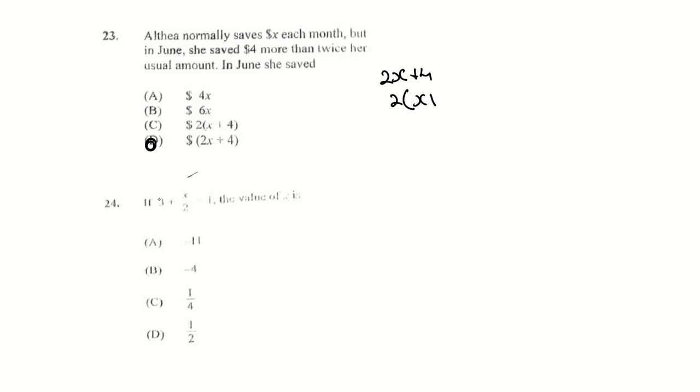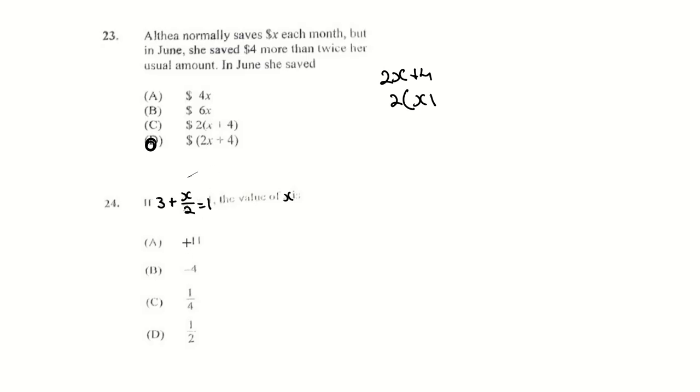This one, it's a little bit blurred. You're not really seeing the question, but the question is 3 plus x over 2 is equal to 1. What is the value of x? Alright, so you could have just put any value, or you could solve for x.